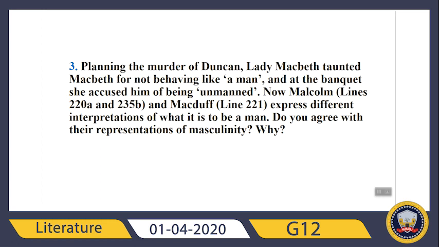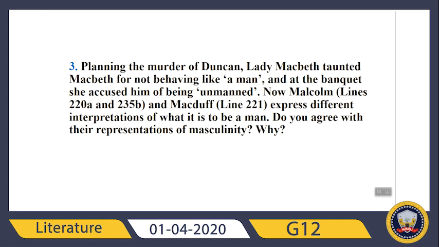Now Malcolm in lines 220 to 225 and Macduff in line 221 express different interpretations of what it is to be a man. In those lines, these two characters express different ideas of what it means to be a man. Do you agree with their representations of masculinity or not? And if yes or no, then tell us why.